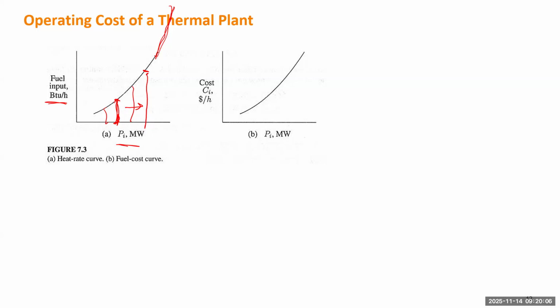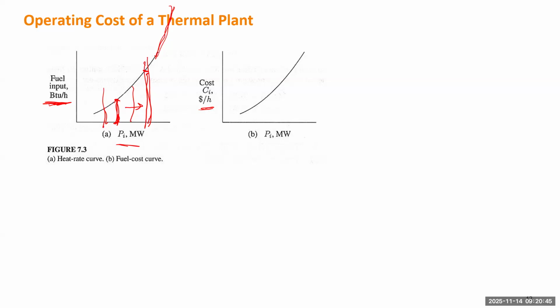So usually we concern ourselves with a certain region of the power output, from some minimal output to the maximum output, and we model this part of the fuel input function. If you price this fuel, you will have another unit, which is how many dollars you're going to spend to generate this power.